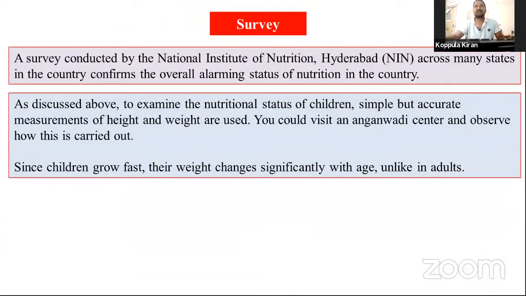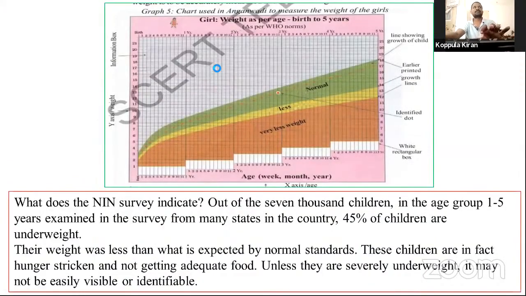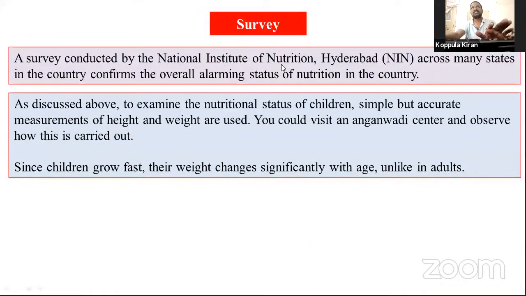Next slide. There is a survey, look at this survey. One of the surveys mentioned in our textbook is a survey conducted by the National Institute of Nutrition. This is very important. The National Institute of Nutrition is a national-level institution established in Hyderabad, capital city of Telangana.